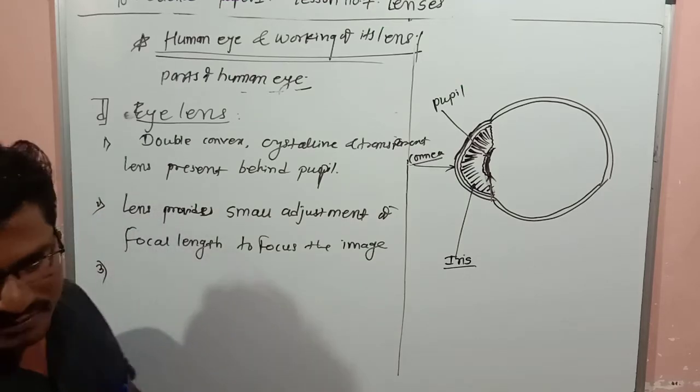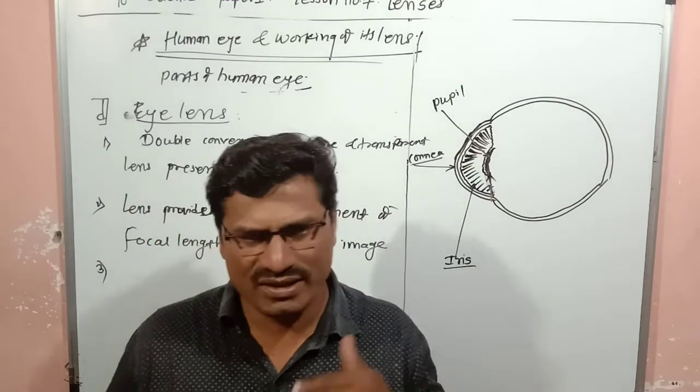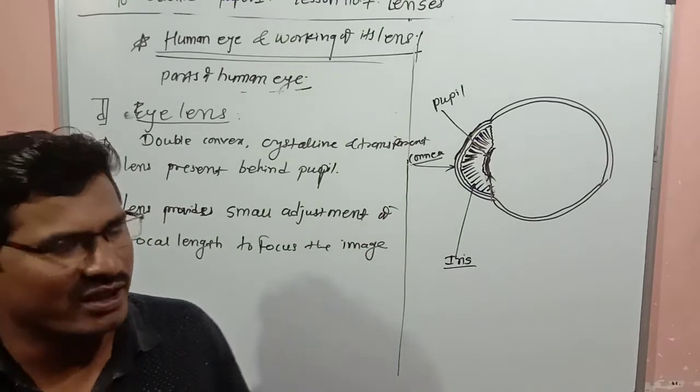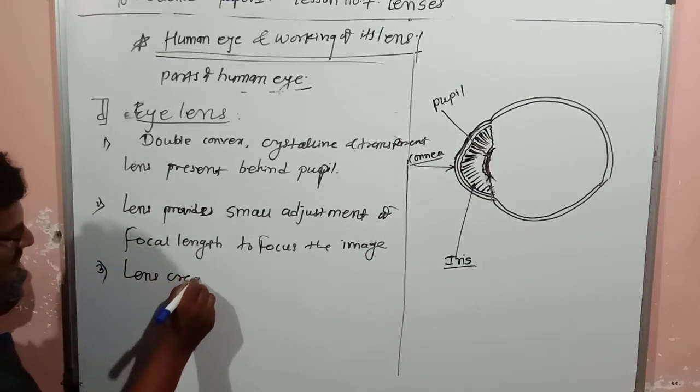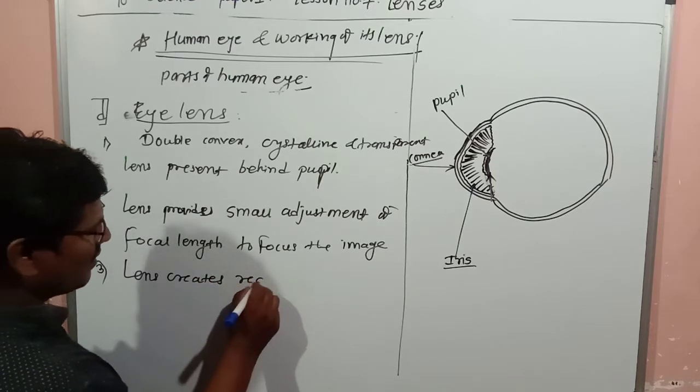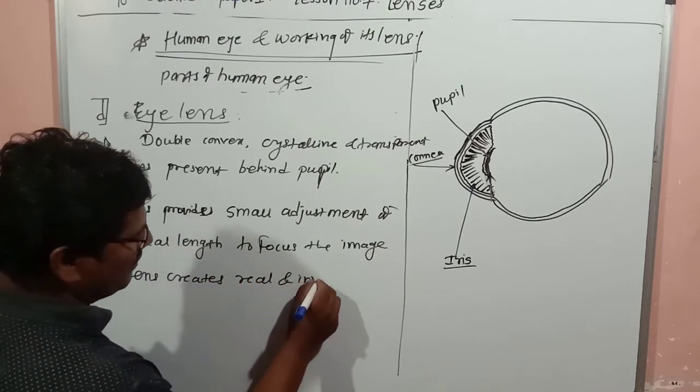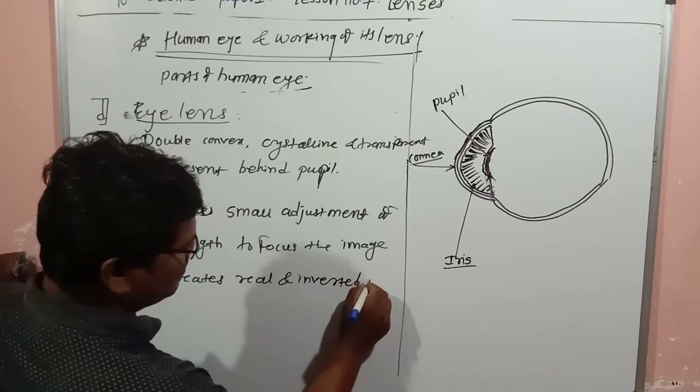Third point: lens creates a real and inverted image.